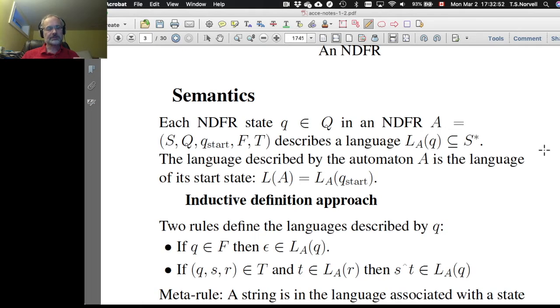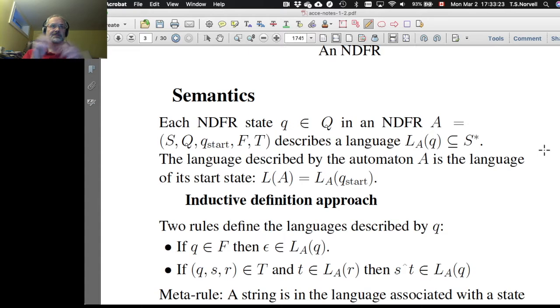There are a couple of ways you can do this, and I'm going to show you both ways. The first way is an inductive definition. We're going to give rules by which you can determine that certain strings are in the language of certain states, and you can apply these rules again and again any finite number of times to prove that a string is in a state.